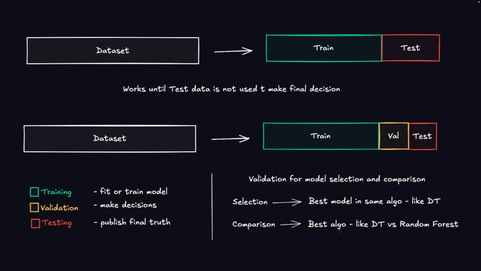Once we have selected our model that is going to be our final model, we'll retrain that model using both the training and validation data sets as one single data set. And that model will be used as the final model in practice. Okay, once that model is developed, we will use the test data set on that model to publish its performance on unseen data. So that is how model development is normally done in practice.